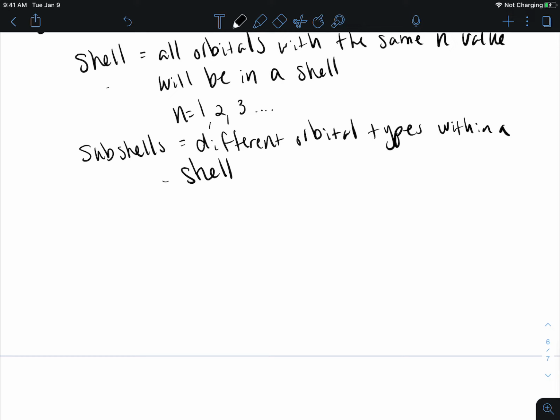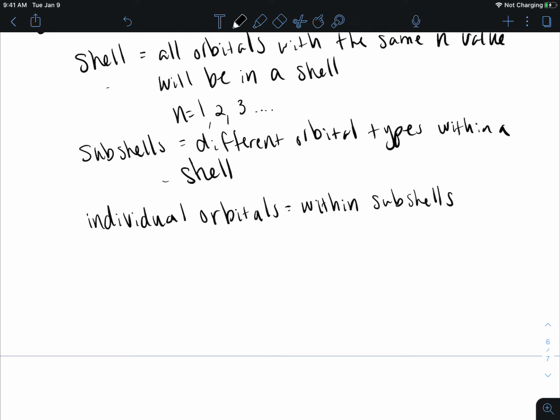And then within subshells, we have individual orbitals. So these are within subshells, and they are the actual locations of our electrons.